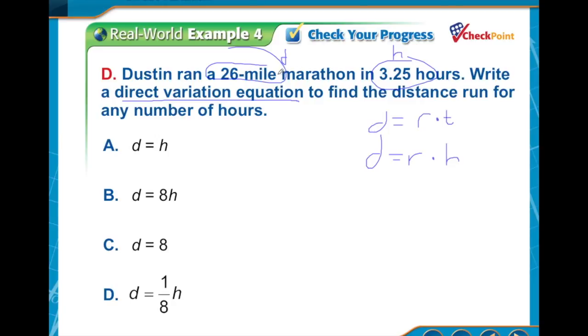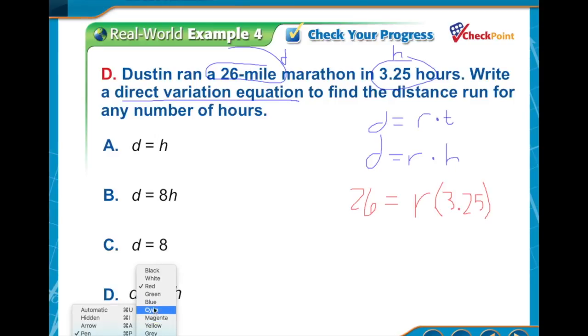So plug in what we know. D is 26. So let's substitute. D is 26. We don't know our rate. The h is 3 1/4 hours, 3.25. Okay, now we need to divide to get our r alone.